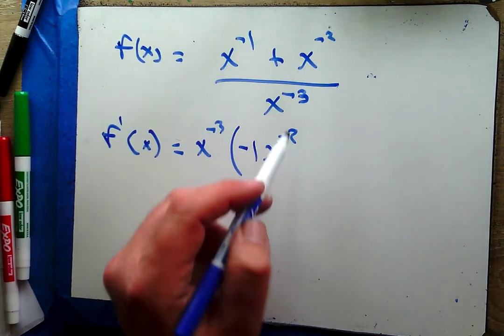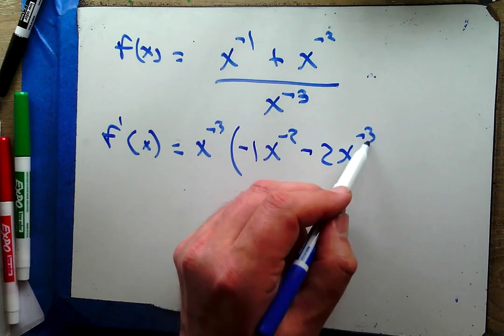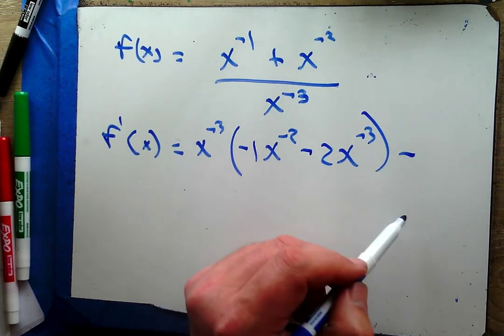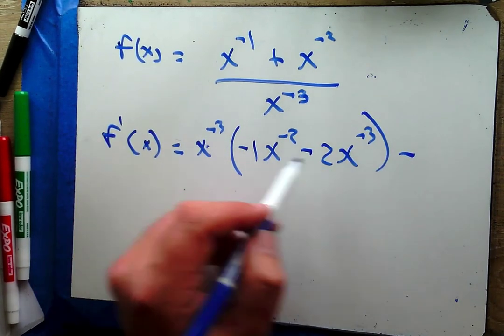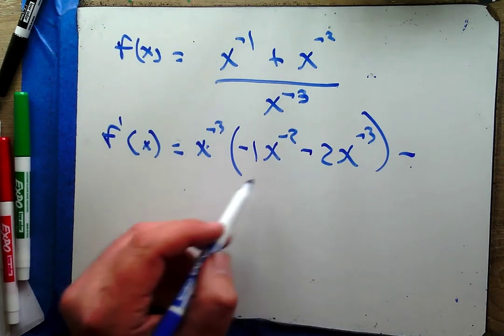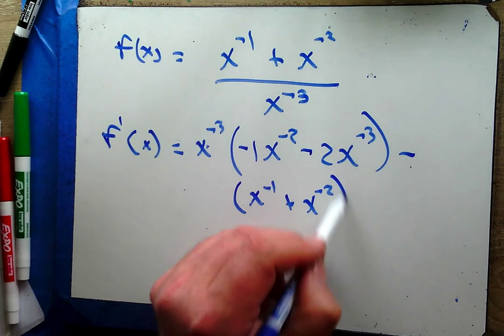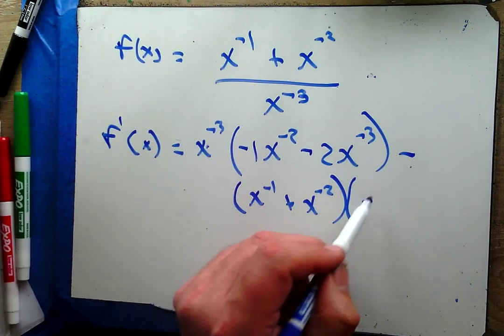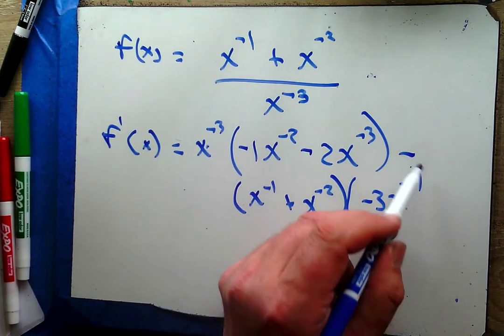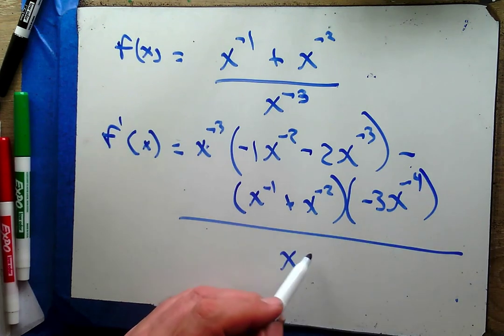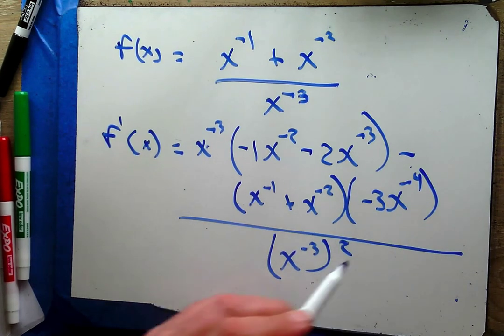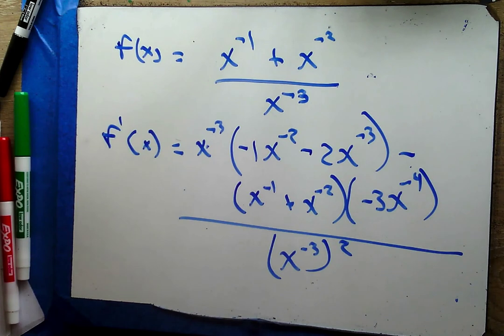And then the derivative of this is minus 2x to the minus 3 minus, right, we did low d high. Now we need minus high d low. The derivative of this is minus 3x to the minus 4, and all of that over x to the minus 3 squared. All right, so there's our derivative using the quotient rule.